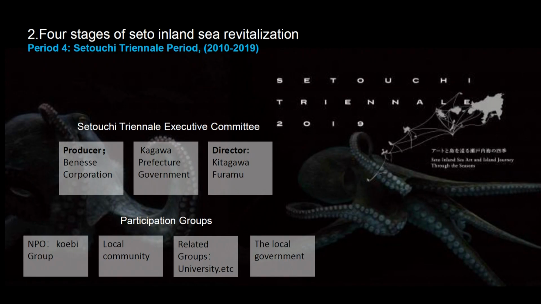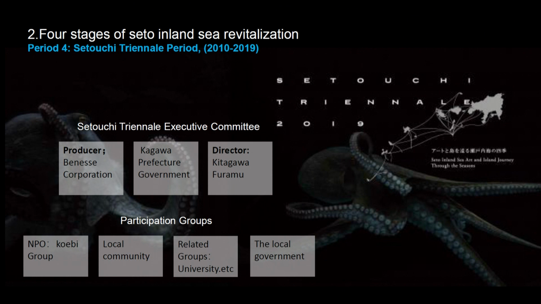The 4th period is the Setouchi Triennale period, from 2010 until this year. They founded an executive committee, and the participation group also changed from single to multiple.